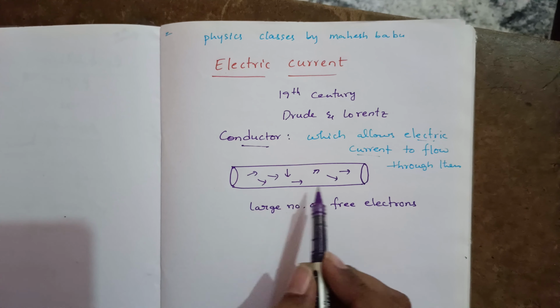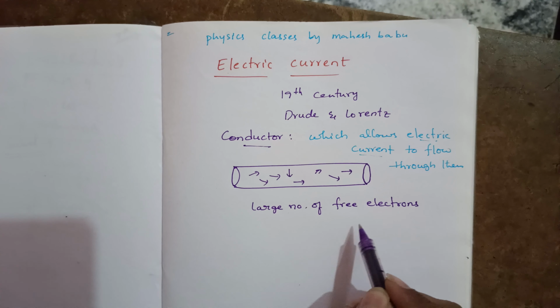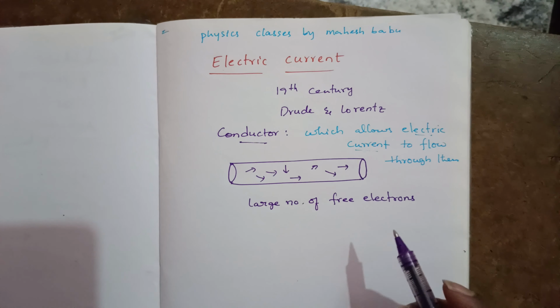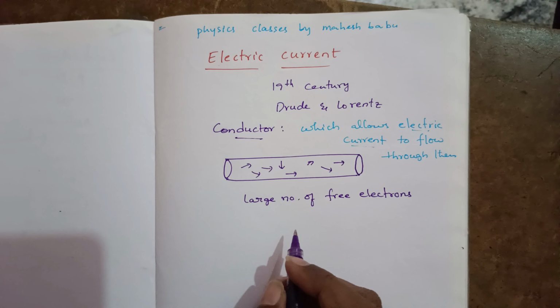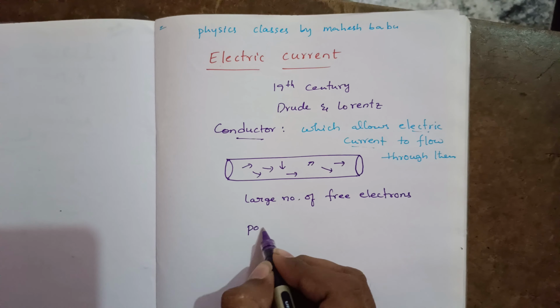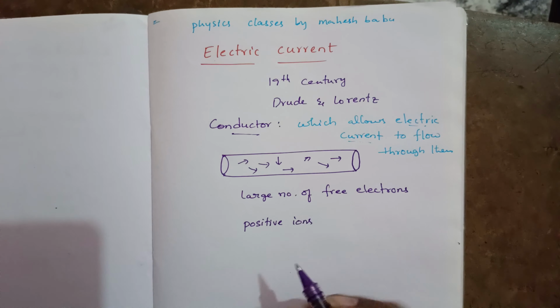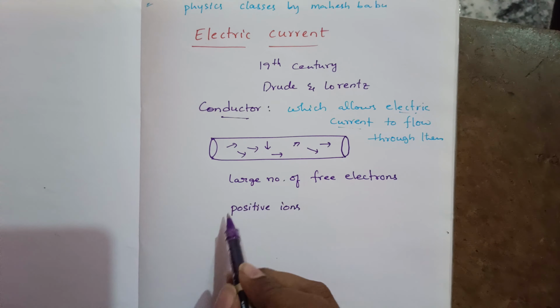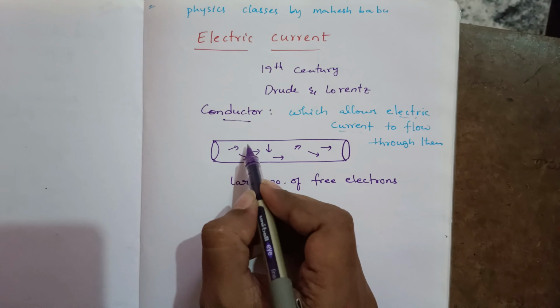Now, conductor consists of a large number of free electrons and it is also having positive ions. And these positive ions are fixed in their locations.